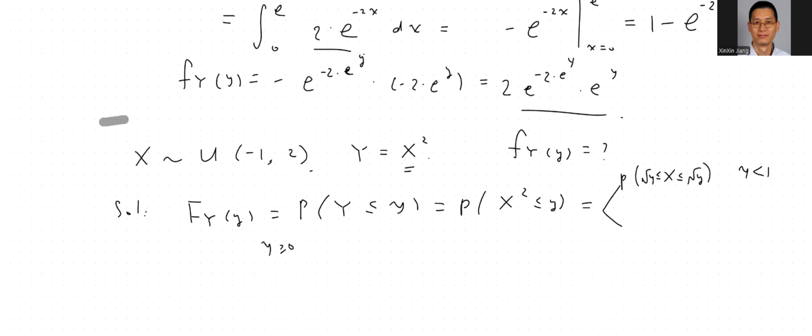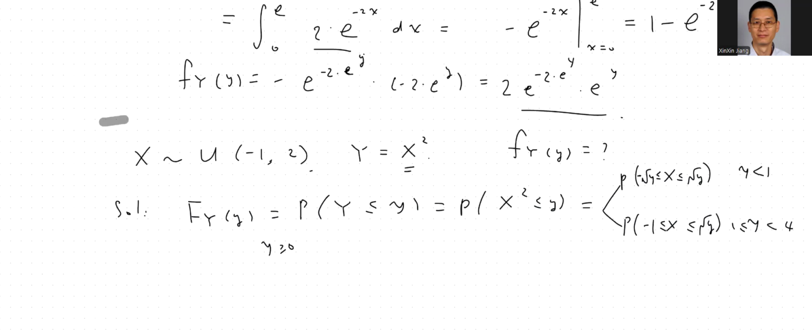But when y is greater than or equal to 1 and less than 4, then we need to do this: x less than or equal to square root of y, but then greater than or equal to negative 1. Sorry, there's a negative sign here.